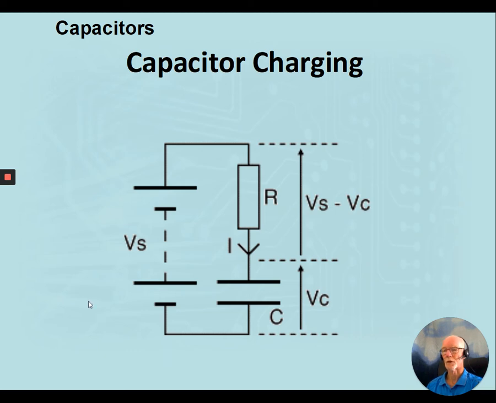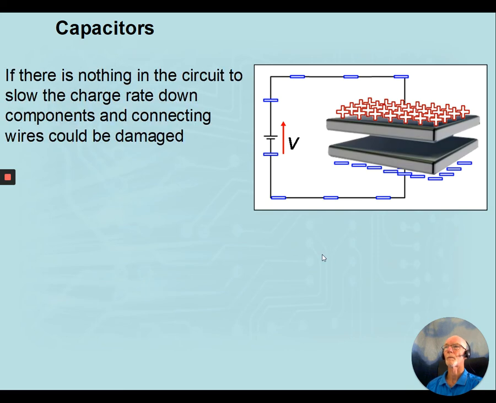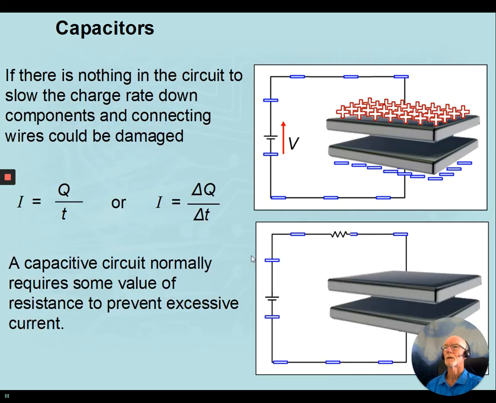Capacitor charging. When a capacitor gets put into a circuit, we normally have to have a resistor with it, because a capacitor can charge and discharge extremely quickly, which would damage the wiring. If there's nothing to slow or control it, the current is equal to the amount of charge over time, or the change in charge over the change in time.